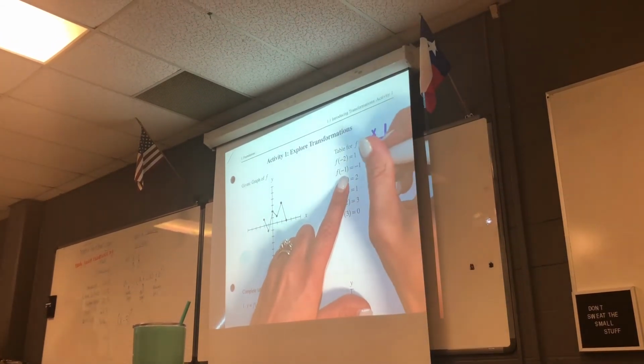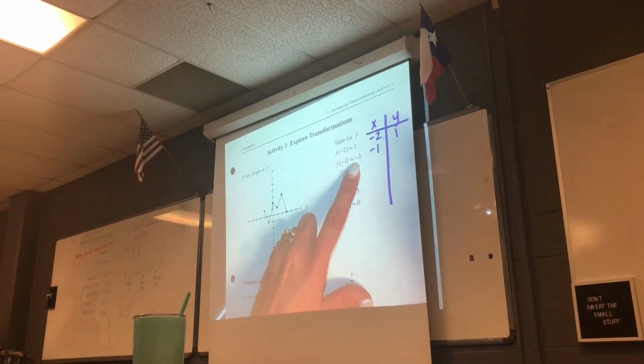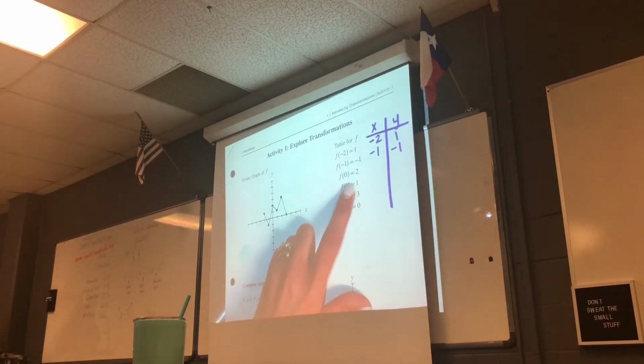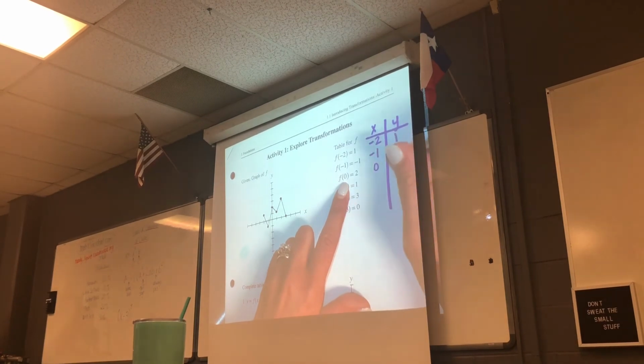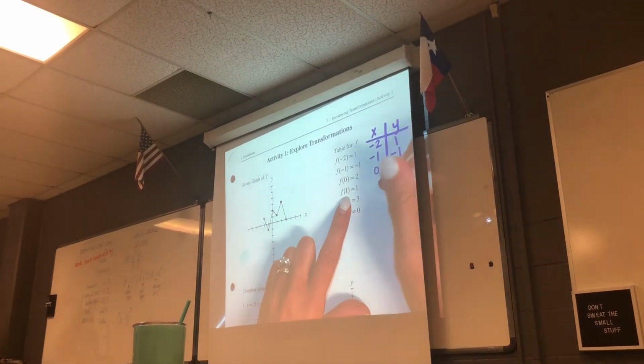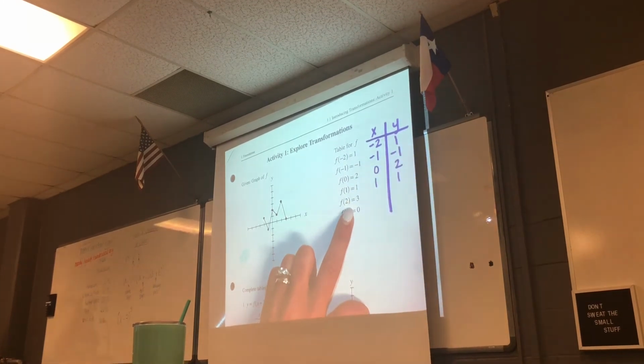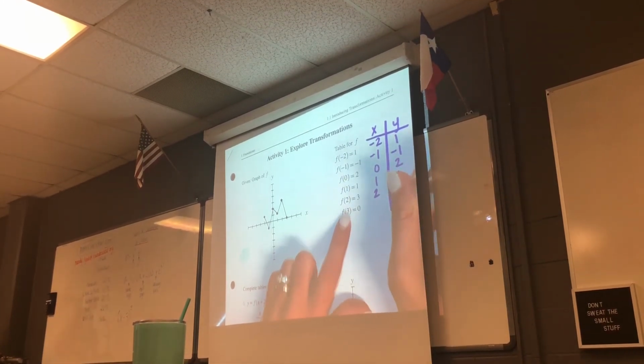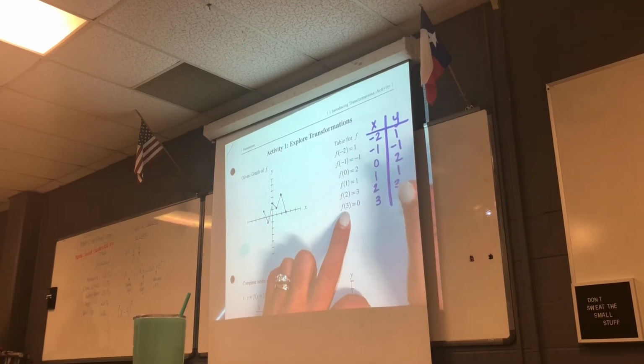If x is -1, there's a point at -1. If you want to write it in table form, this is how we usually look at it. 0, 2, you have the point 1, 1, 2, 3, and 3, 0.